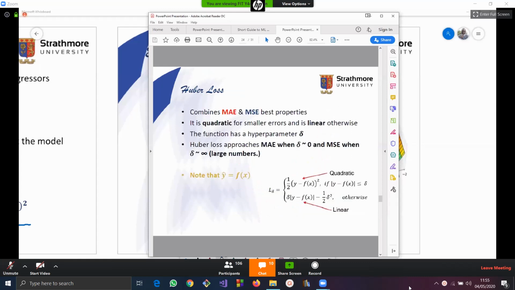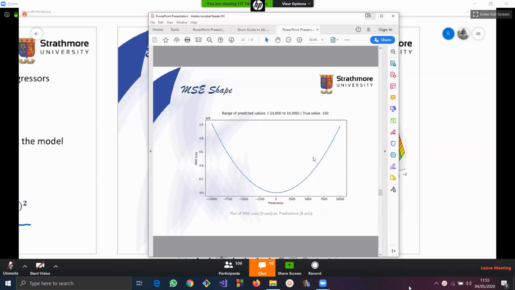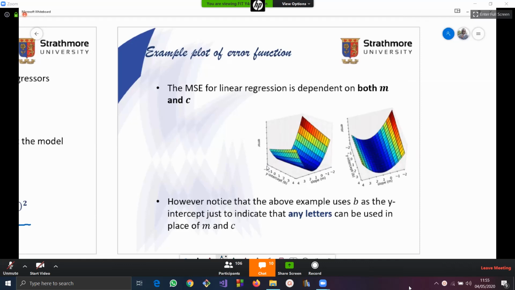You can see the shape. The 3D plot, which we will actually be plotting, looks like this. So this is the error plot, or the plot of the loss function. We are going to plot a number of things. One of those things is going to be the error plot.